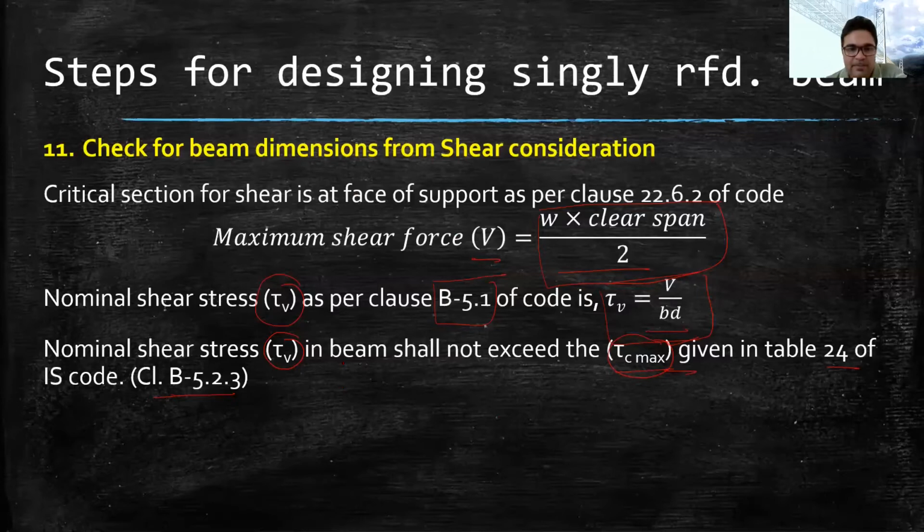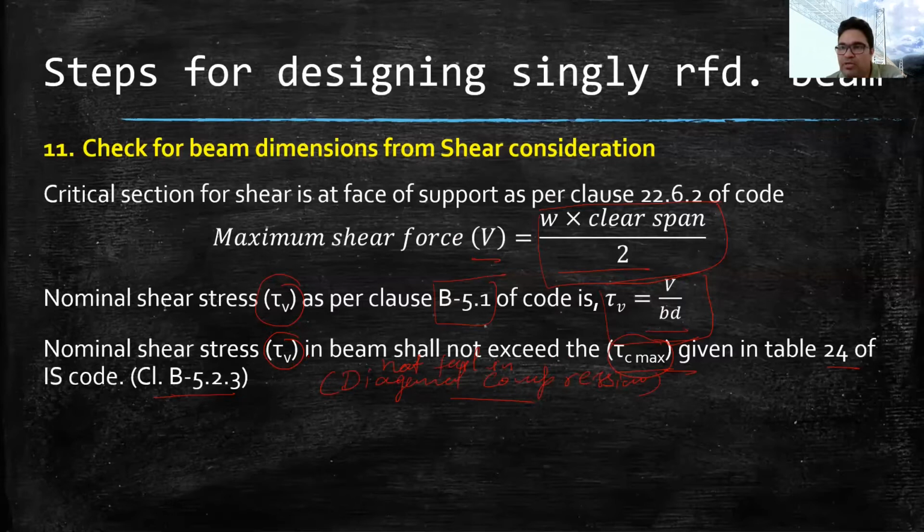If tau v is less than tau c max, then the beam will not fail in diagonal compression. So the problem of diagonal compression is taken care of by this criterion: tau v is less than tau c max.